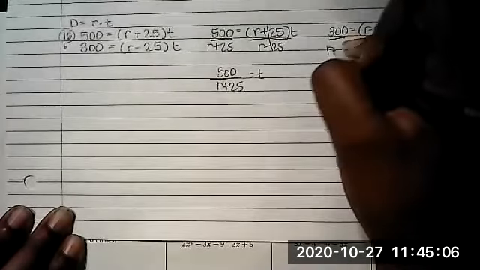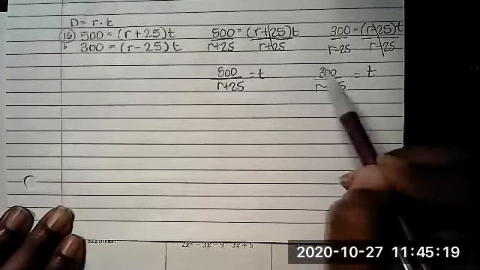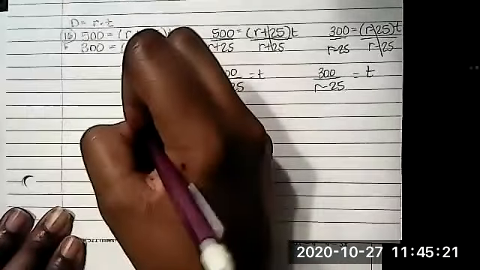This now becomes 300 over r minus 25, and that equals T. Okay. So now that we have the T's, we can set these equal to one another. So it's going to be 500 over r plus 25 equals 300 over r minus 25.